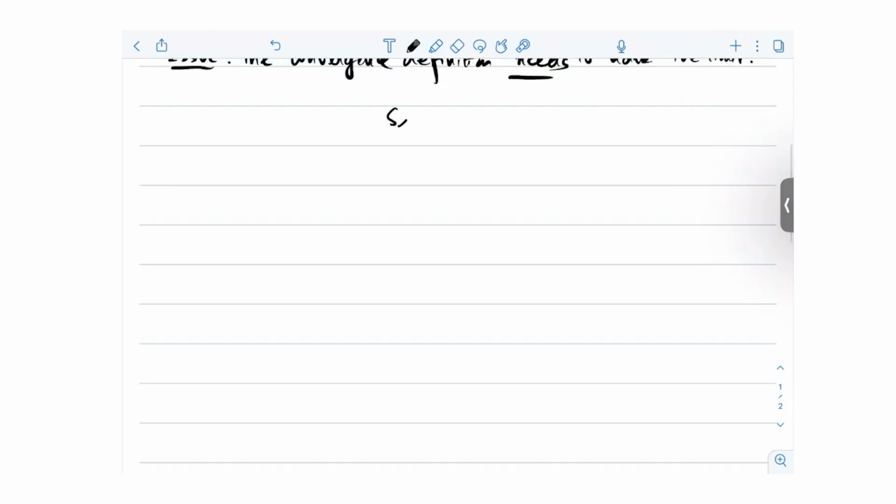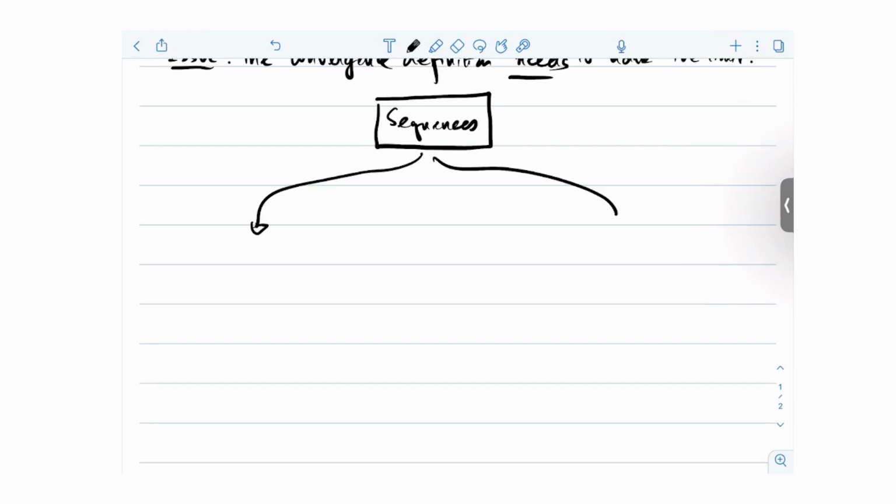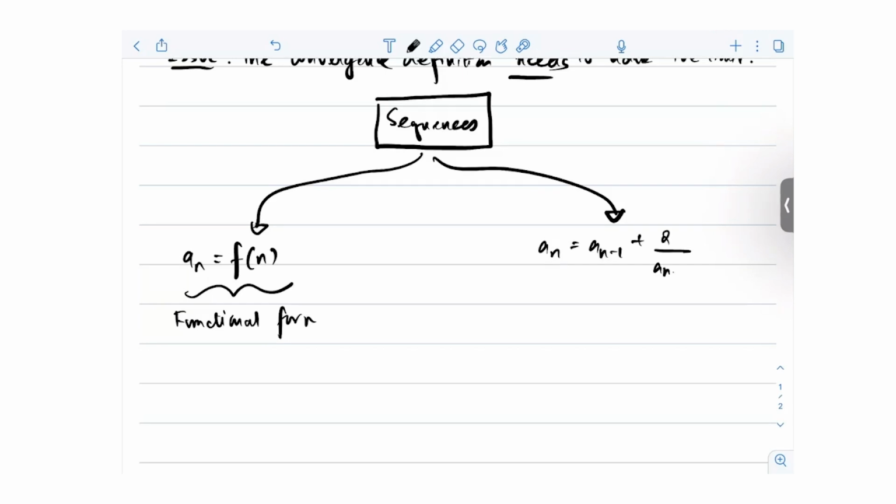Now sequences can be defined in two ways. If you see broadly, any sequence can be defined in two ways. Number one is the functional form, where a_n is equal to f of n, and the functional form is given. The other is the recurrence relation form. Let's say a_n is equal to a_(n-1) plus 2 by a_(n-2).